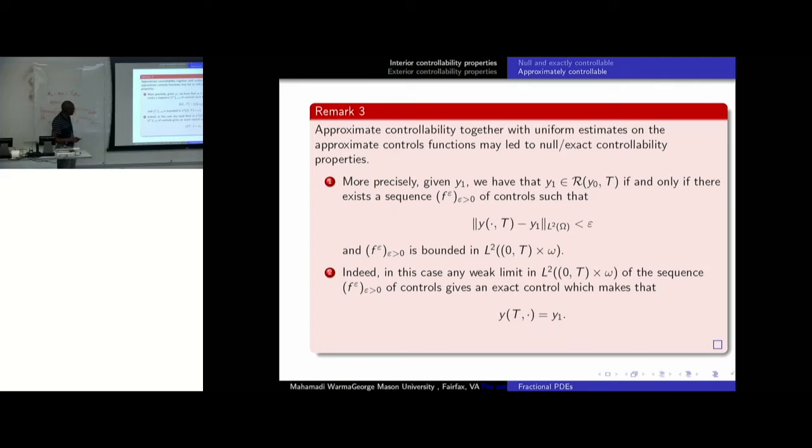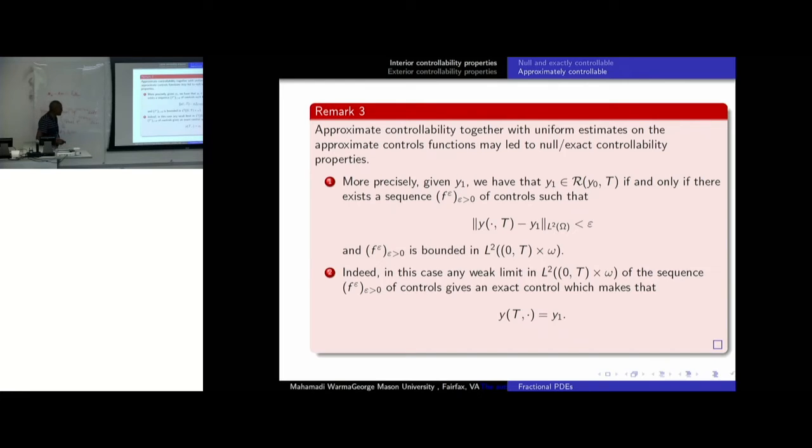If you have a target y1 that is in your set of reachable states, that is so if and only if you have a sequence of controls that satisfy the approximate controllability and that is bounded in L2 of (0,T) times omega. How is that?